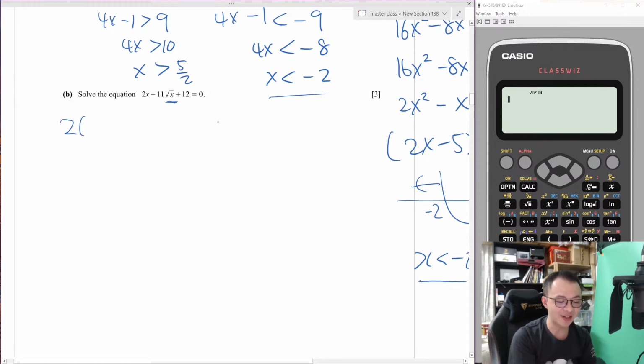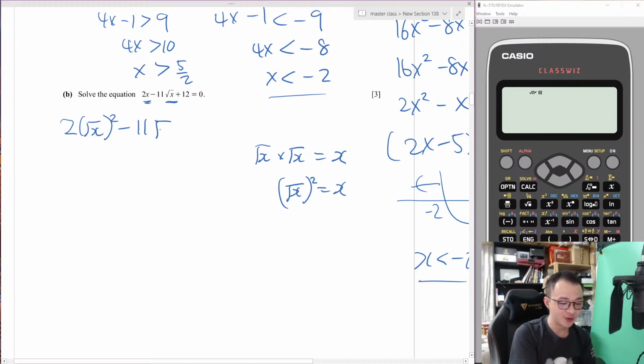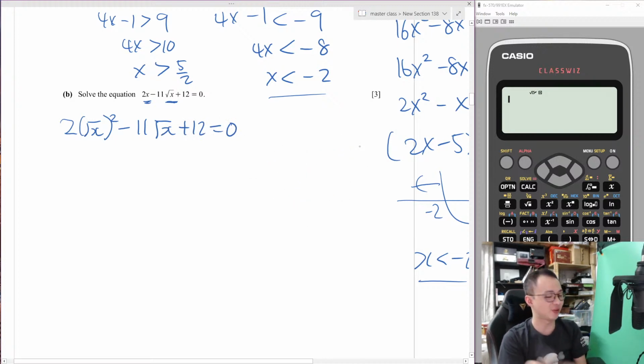Because I see square root x, and I know square root x times square root x gives x, I can say x is basically square root x squared. So I'm going to change x to square root x squared, giving 2 times square root x squared minus 11 square root x plus 12 equals 0.